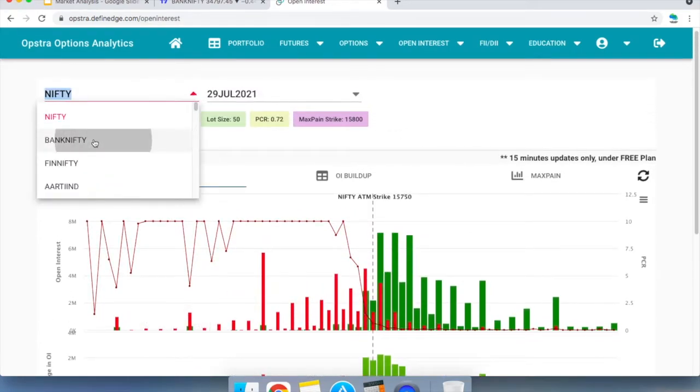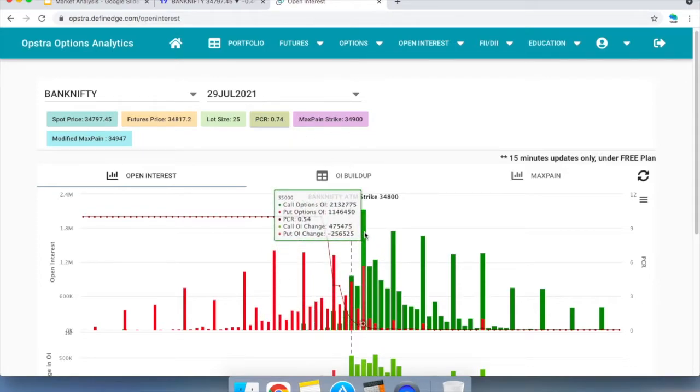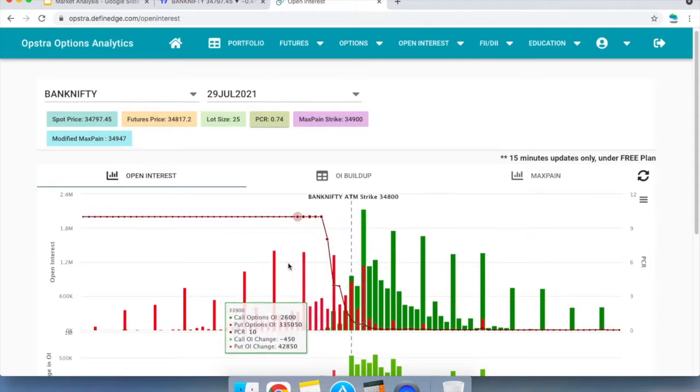Now, what about the Bank Nifty? Bank Nifty for this monthly expiry has a put call ratio of 0.74, which is not bullish, slightly bearish in the case of Bank Nifty also, and the highest call writing is happening at 35,000. That was the same yesterday also. The highest put writing is seen at 33,500, which is very far away. Then we have 34,000. Then we have some good writing at 34,500.